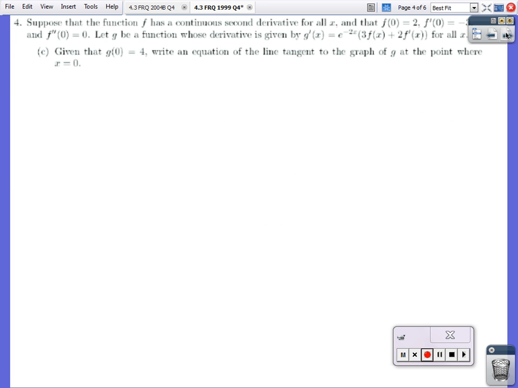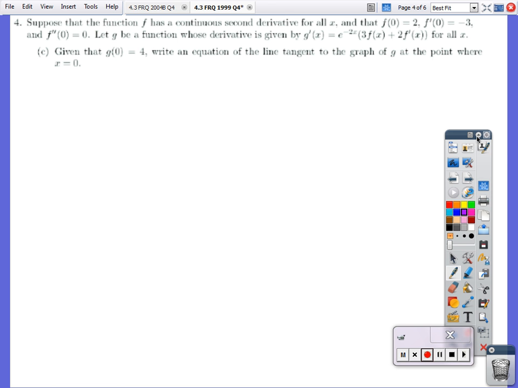Letter C. So suppose that f has a continuous second derivative, so that's the beginning. We are now going to start talking about the function g of x. First it's telling us that g of 0 is 4, and we're going to write the equation of a tangent line at x equal to 0.